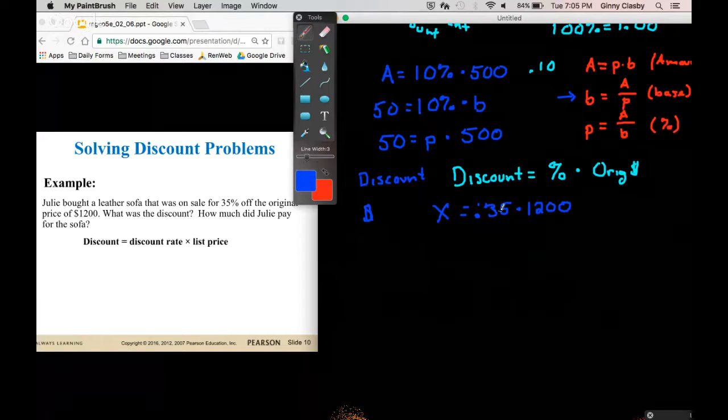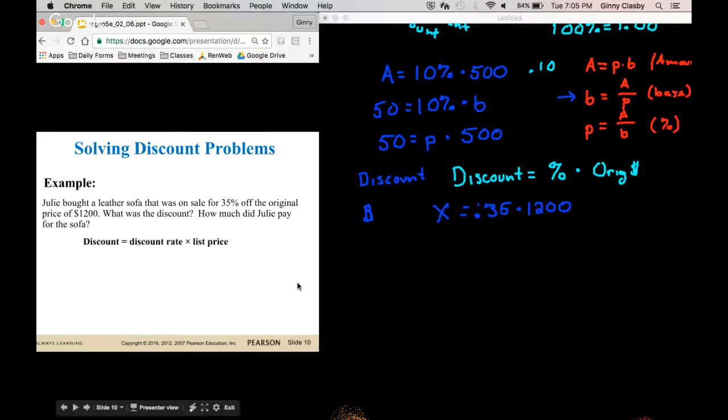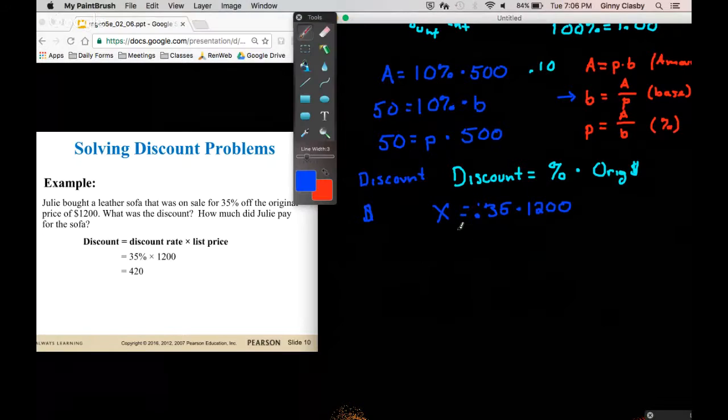So when you do 0.35 times 1,200, you would end up with your discount price, and make sure you have the units on here: $420. That's the discount price. That's not what you paid. That's the amount that's off.